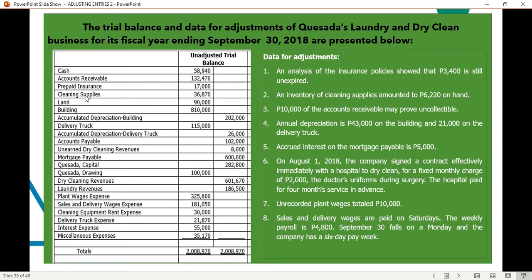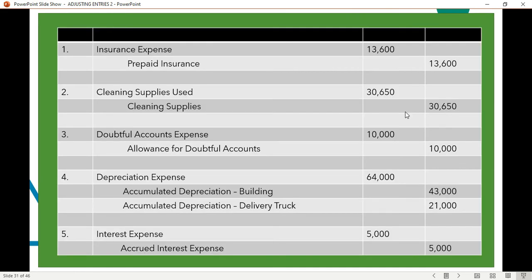You have there cleaning supplies, so it's understood that the company is using the asset method. Since it's the asset method, you will be recognizing the expense portion. Cleaning supplies 36,870 deduct 6,220. The expense portion is 30,650.